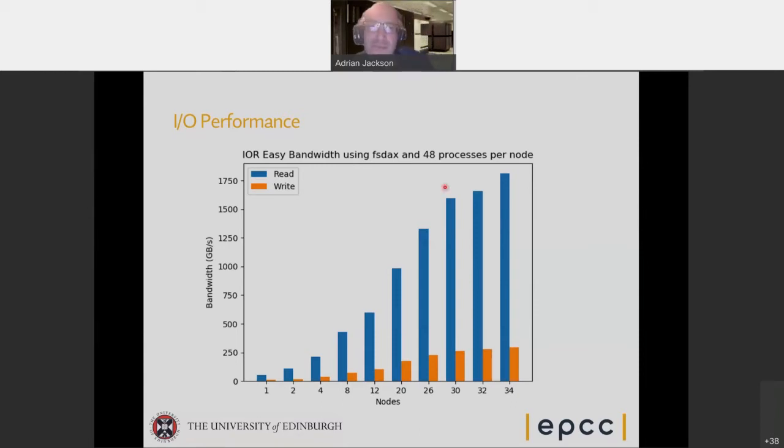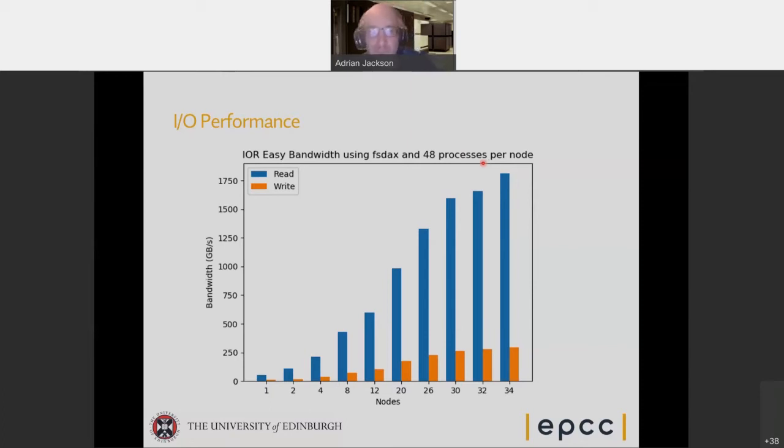I should also point out that this is great for I/O performance. It's not so great for memory performance. If we look at high bandwidth memory, that other form of new memory coming out, where you put the memory directly on top of a processor to give very fast local access to data, on something like the A64FX chip from Fujitsu you can get about 800 gigabytes a second of read performance on a single processor.